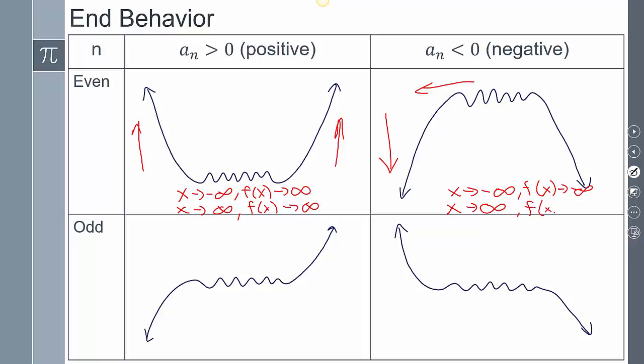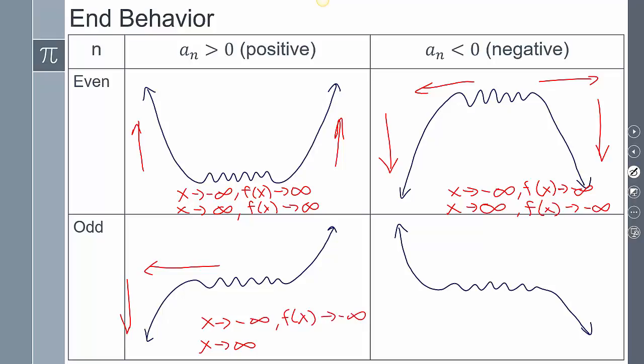And then as x goes to +infinity, my y is also going to -infinity. So for this one here, as my x goes to -infinity, my y is also going to -infinity. And then as my x goes to +infinity, so does my y.